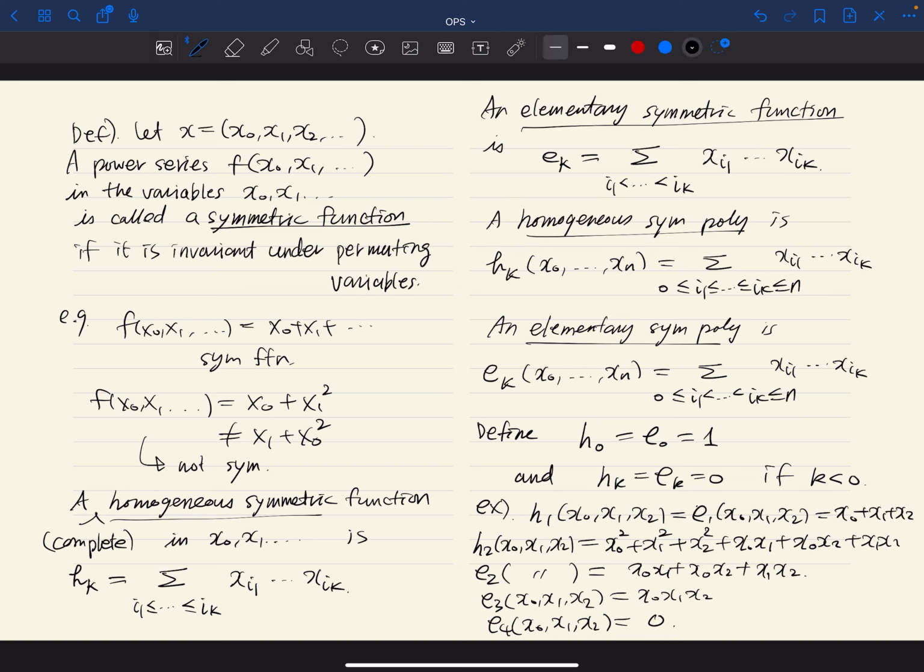The symmetric functions are a very important topic in combinatorics and also algebra, like representation theory and things like that. But we will not go into the details. We only consider those basic things like this. Now we know the definition of the homogeneous symmetric polynomials like this.